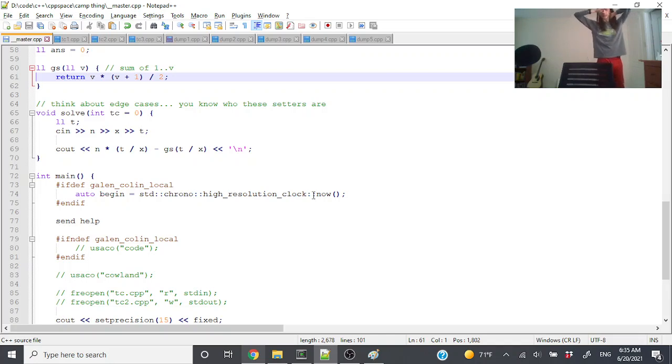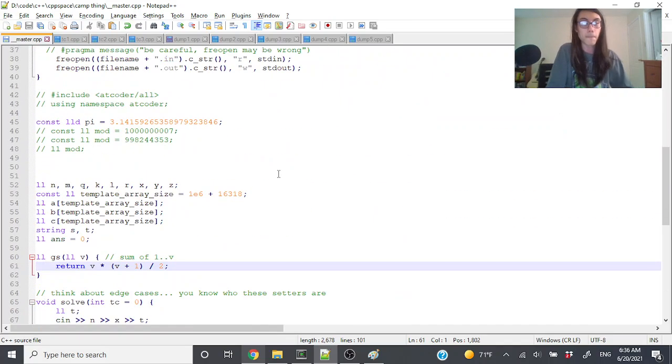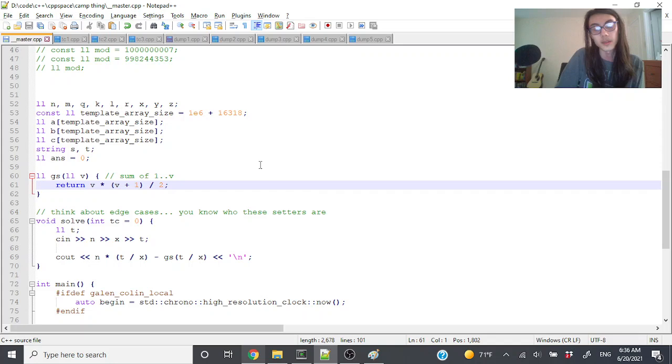So each person except Alaska will see 1. We're using long here. V times v plus 1 over 2.